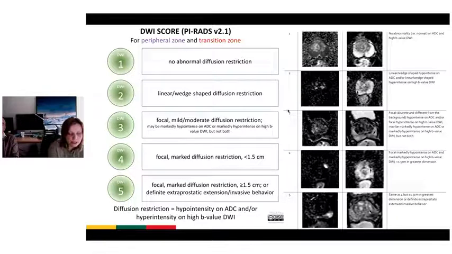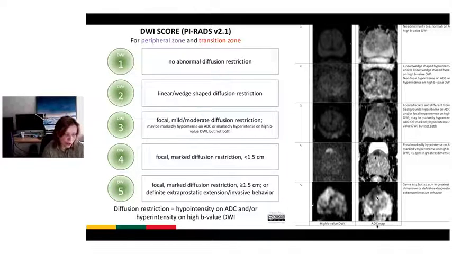If we see something, but it does not correspond to an enhancing lesion, it's 3. And 4 and 5 are easy: when we see a lesion on the diffusion image that is smaller than 15 millimeters, it's 4. If it's bigger, then it's 5. And we see the corresponding dark image on the ADC map.